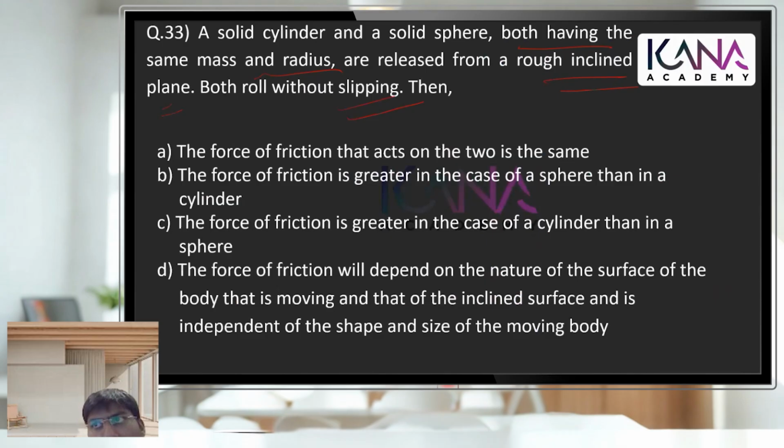For rolling, we saw the same equation as before. So a is g sin theta by 1 plus I by m r square. The friction required depends only on this I component. So if there is a larger I, we need more friction. Larger I means more friction.